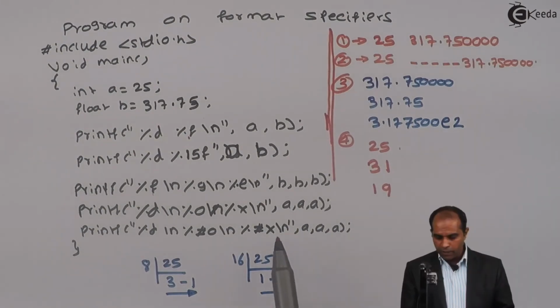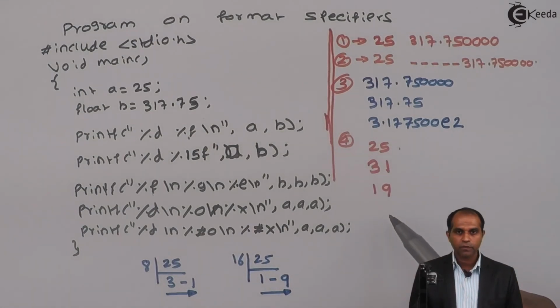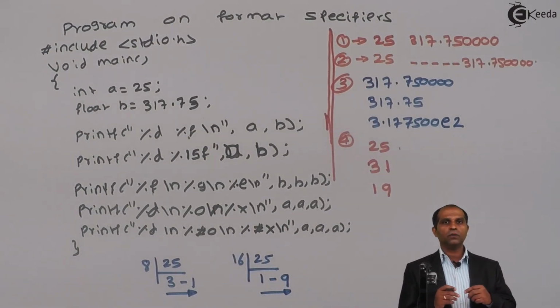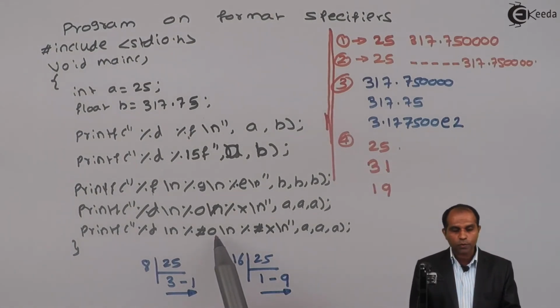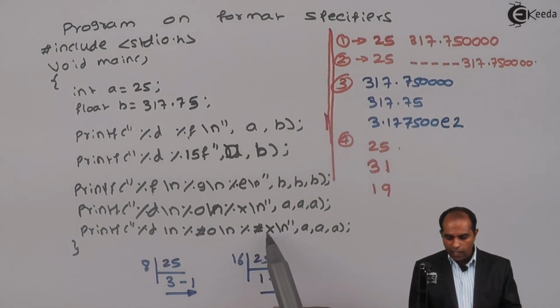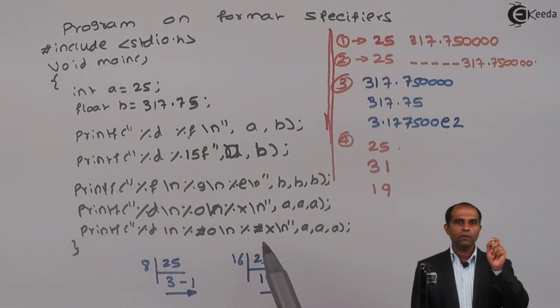If you feel that octal and hexadecimal values should be preceded by 0 and 0x, in that case I can use a hash flag. The hash flag with the o specifier prints the octal number with 0. The hash flag with the x specifier prints the hexadecimal value with 0x.